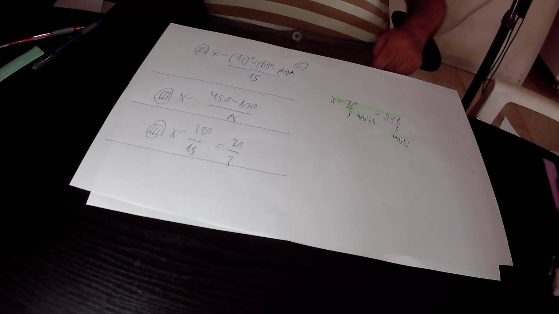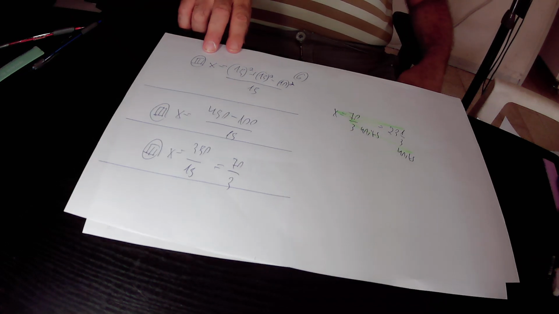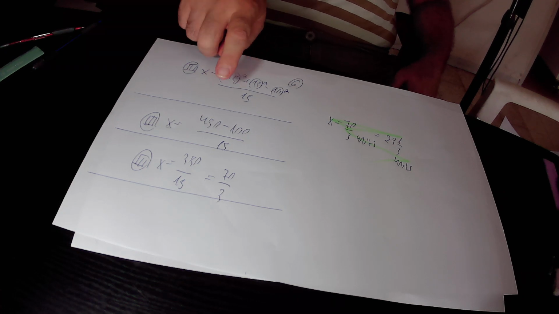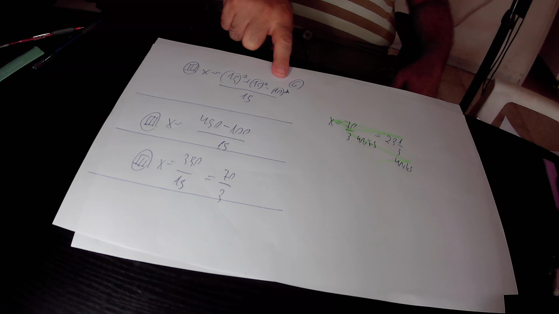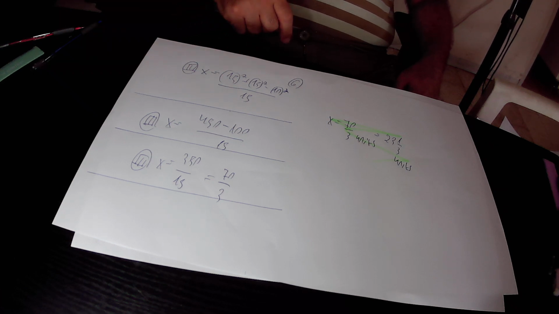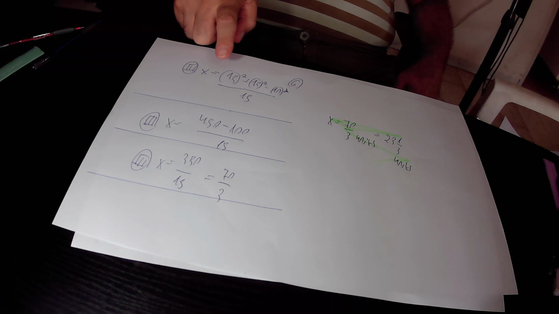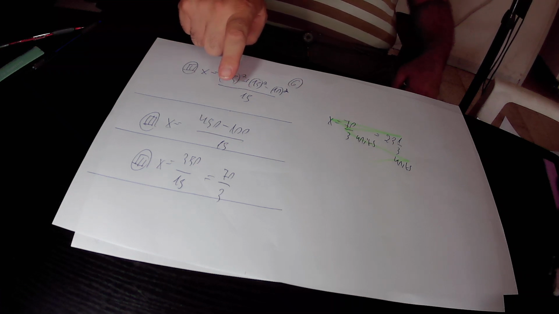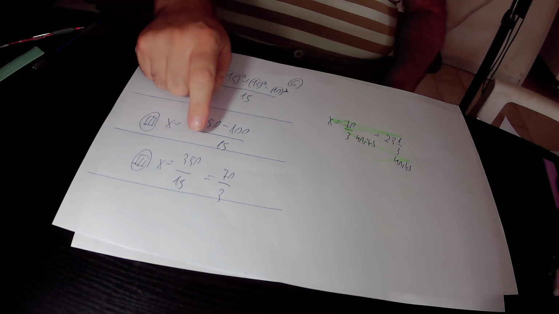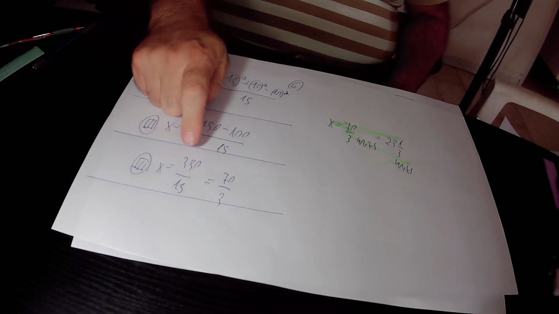X is the line segment that we are looking for in this question. 15 squared is 225, so 225 plus 225 is 450, minus 10 squared, which is 100. So in the numerator we have 450 minus 100, which is 350, divided by 15. Here we divided both the numerator and the denominator by 5.